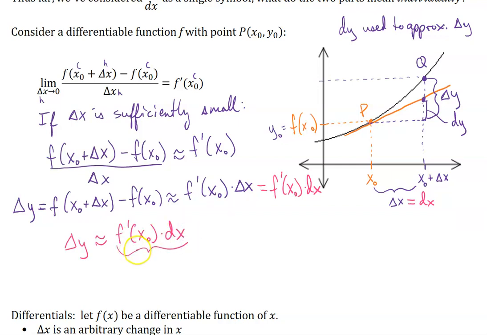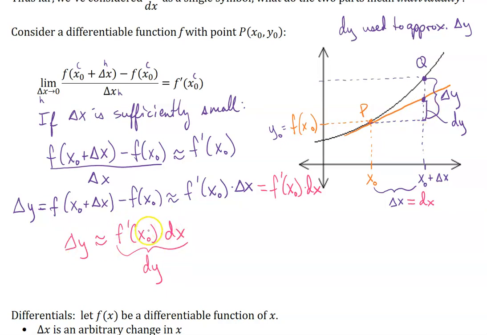And this is equal to dy. Okay, so we are using the differential of y, which is f prime of x sub 0, or the slope of the tangent at point P, times dx, the horizontal change. We are using that to approximate the actual change in the function.